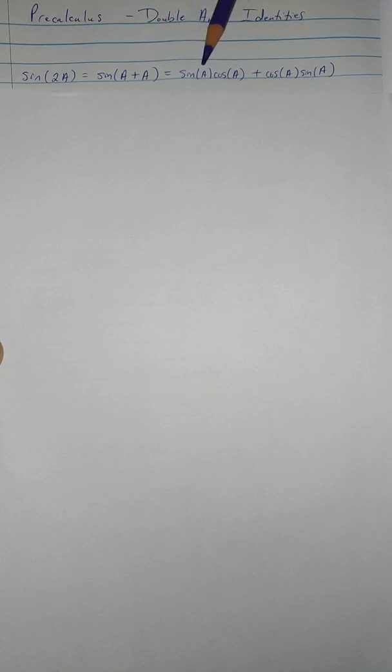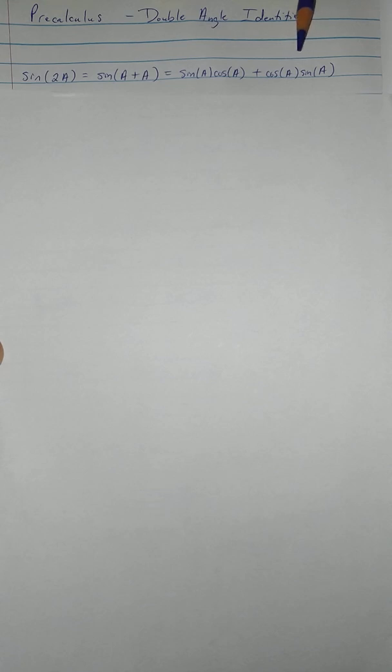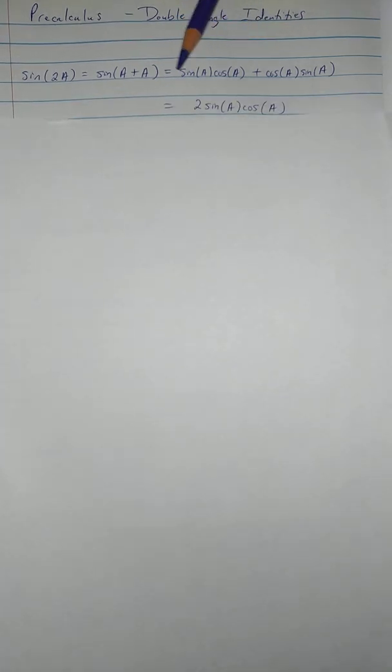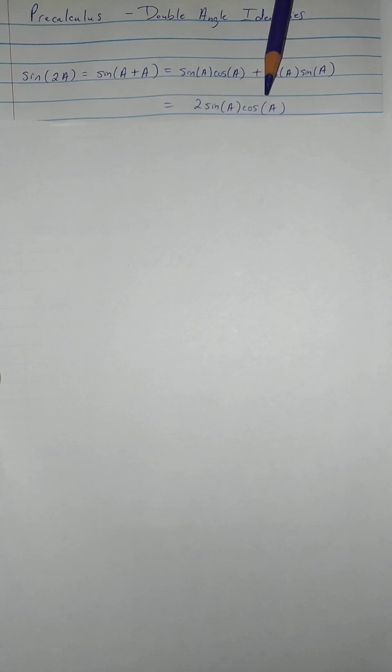So we got sine of a times cosine of a plus cosine of a times sine of a. Well, cosine a times sine a is the same thing as sine a times cosine a, just the commutative property. So really you're adding two of the same thing. So there's one identity for sine of 2a, and it turns out to be 2 times sine a times cosine a. Very simple.